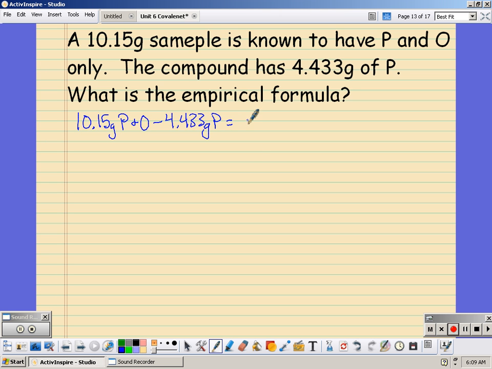So we have 5.717 grams of oxygen. Now I can take my grams and convert them for moles for both the phosphorus and the oxygen.